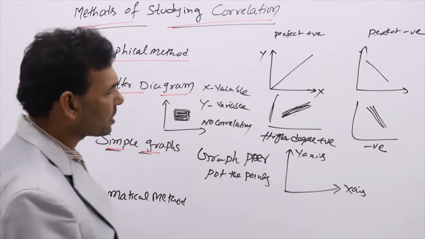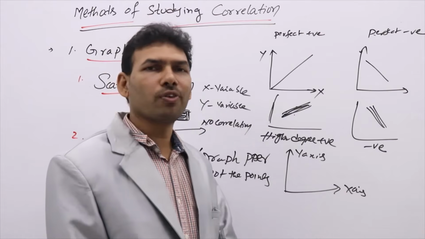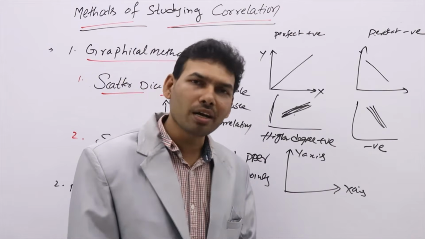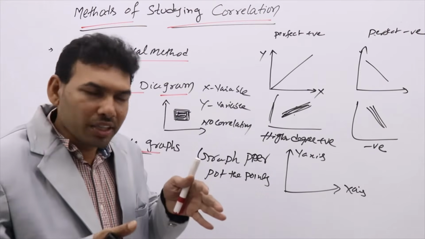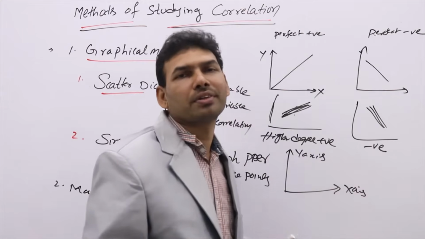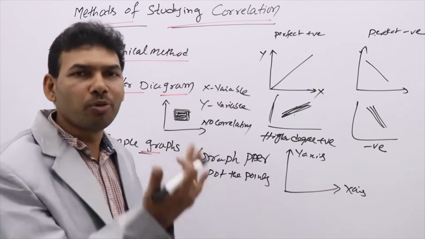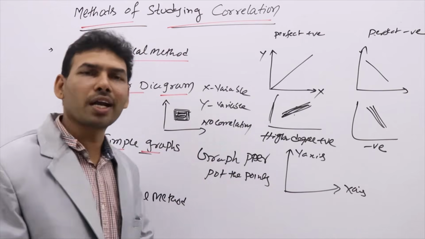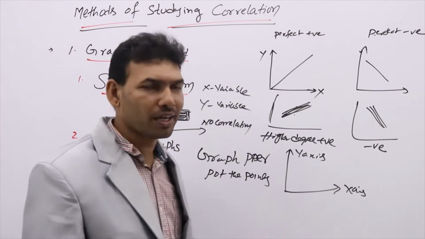If you draw the two variables on a graph and they are parallel, moving in the same direction, we say the two variables are related positively. If they move in opposite directions, we say the two variables are related negatively.